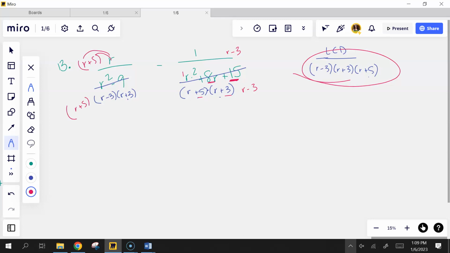So I've got r times r plus 5 minus 1 times r minus 3. And all this goes over my LCD. In fact, sometimes I'll just come here and do this and then plug it back in at the end if you want to. But you don't even want to mess with it. You want to leave it. You start foiling, you're undoing the work you've already done.